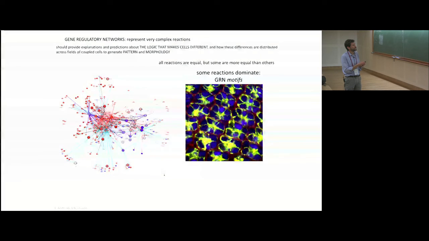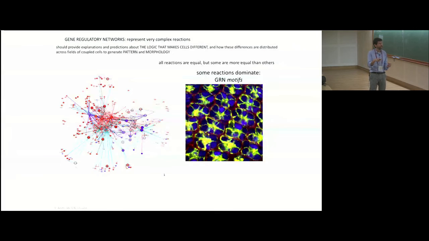These little balls here are genes, and the connections between genes indicate a regulation. And if the arrow is red, it means activation or repression, perhaps, and the blue ones are the opposite. So this is like a static representation of a dynamical system.